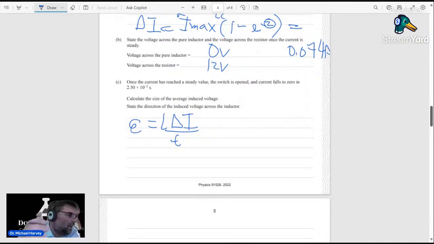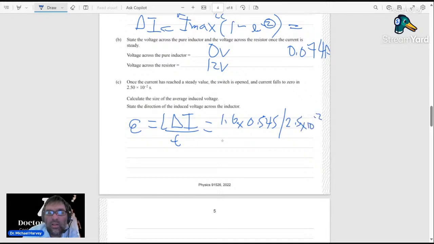Okay, so the voltage equals 1.6 times 0.545, which we've got from the previous example, divided by the time period, 2.5 times 10 to the negative 2, straight from the question. So that equals 34.9 volts.